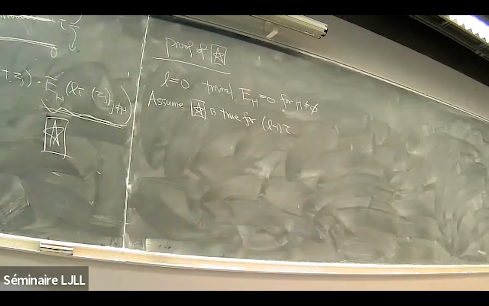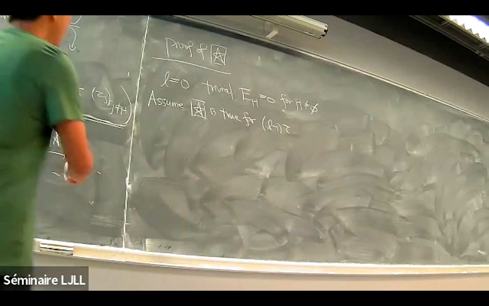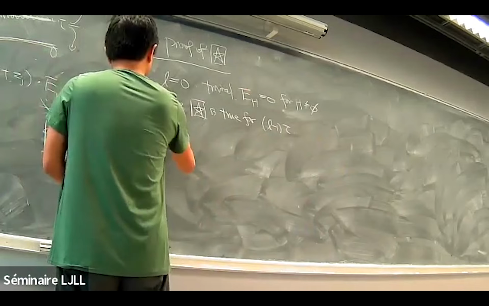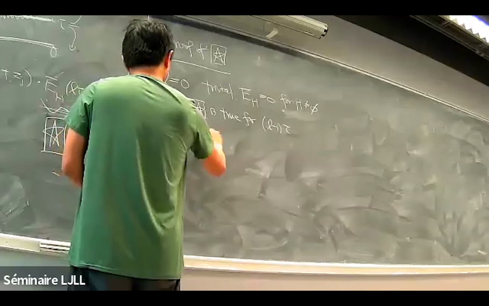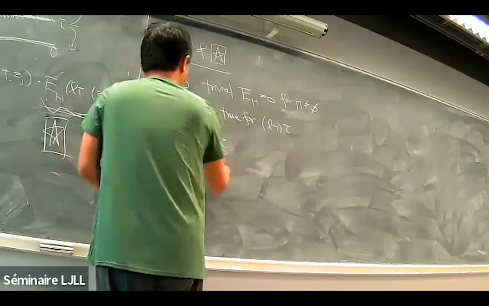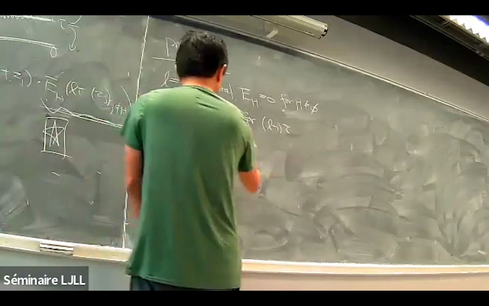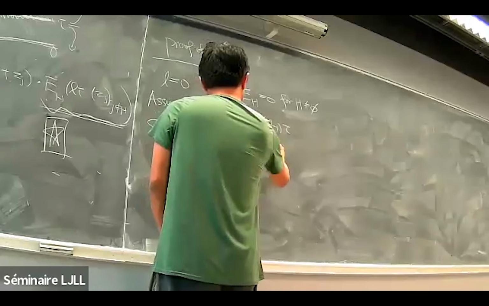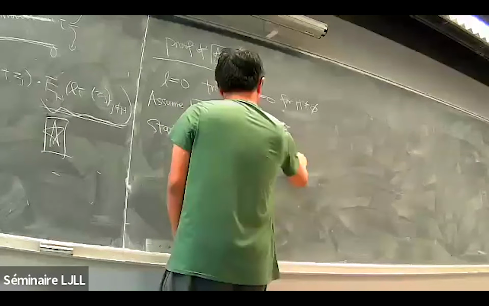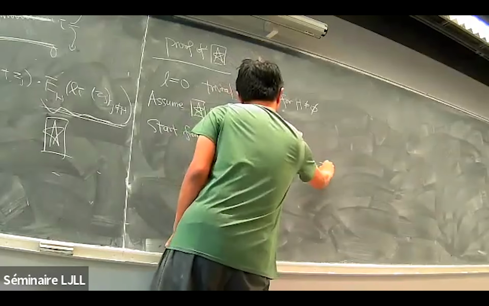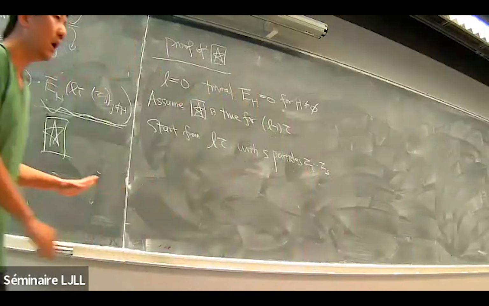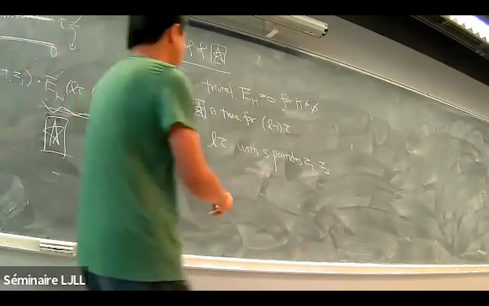Let us say we start from L tau, working with S particles, Z1 to ZS. Let us call them the root particles.